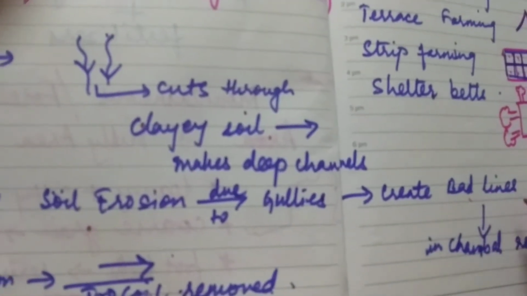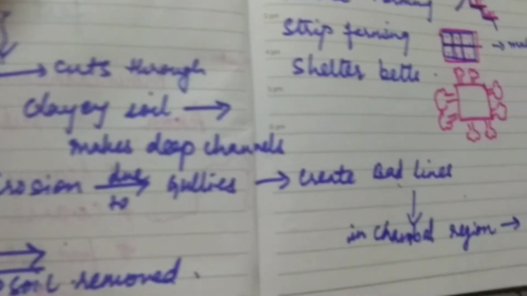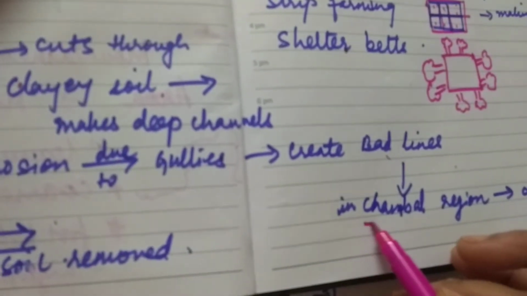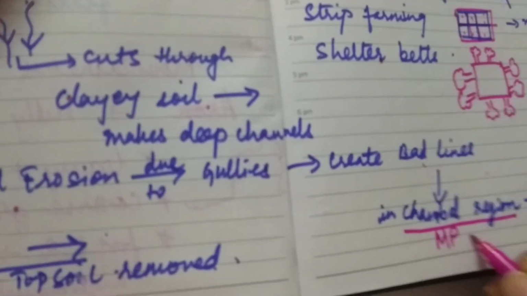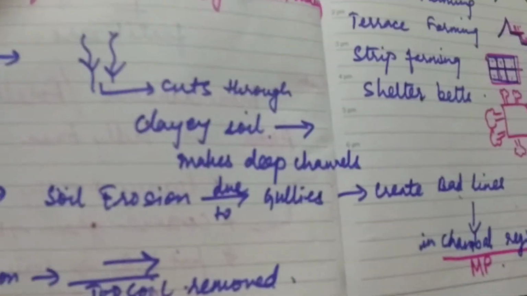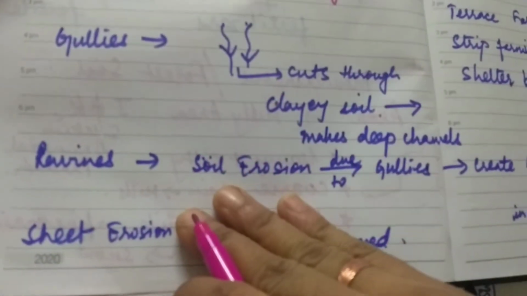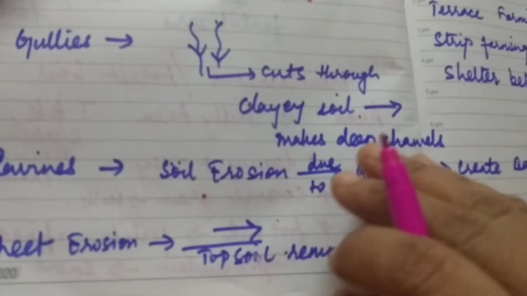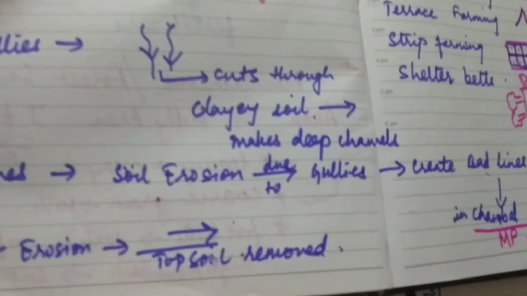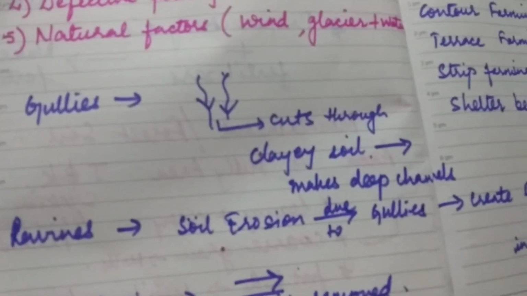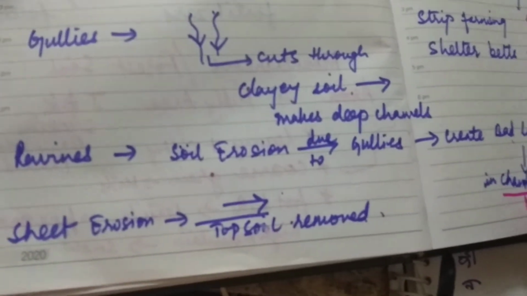These bad lines are called ravines, especially in the Chambal region. So Chambal region is in MP. So you should just remember what a ravine is. It is also a gully which creates bad lines, and these are called ravines, and it's found in the Chambal region.